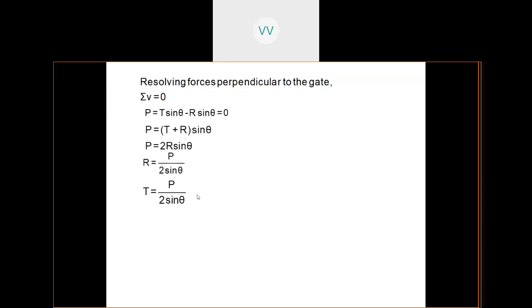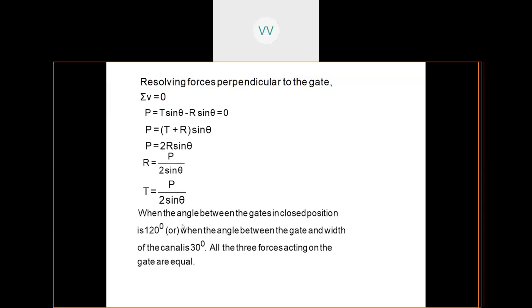So here, when the angle between the gates in the closed position is 120 degrees, or when the angle between the gate and the width of the canal is 30 degrees, all the three forces acting on the gate are equal. So here, under this condition, P is equal to T is equal to R, because the sum of the angles in a triangle is 180 degrees.